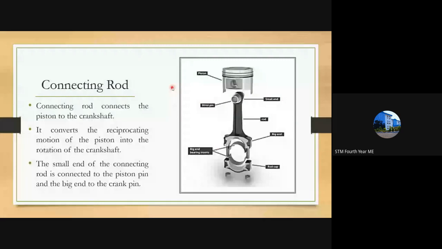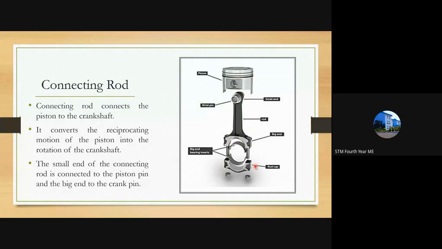On looking at the figure, you can see there are two parts of the connecting rod. This is called the small end of the connecting rod, which is connected to the piston by means of a wrist pin or a piston pin. Then the big end is connected to the crankshaft.